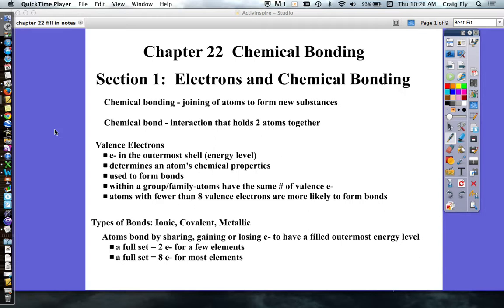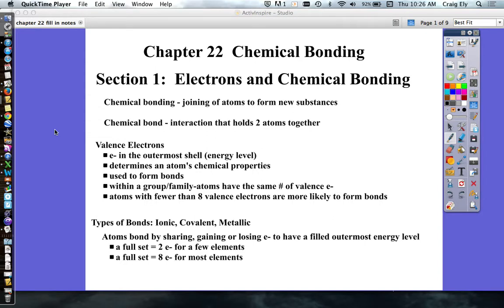All right. So let's talk about bonds. We've got 3 types of bonds that we're going to look at. Now, there are several other types of bonds, but the ones we're going to be concerned with are ionic bonds, covalent bonds, and metallic bonds. And really, we're going to mostly focus on ionic and covalent bonds. Okay? So for ionic and covalent bonds, these bonds are going to take place because atoms are either going to share electrons or they're going to gain or lose electrons in the outermost energy level.